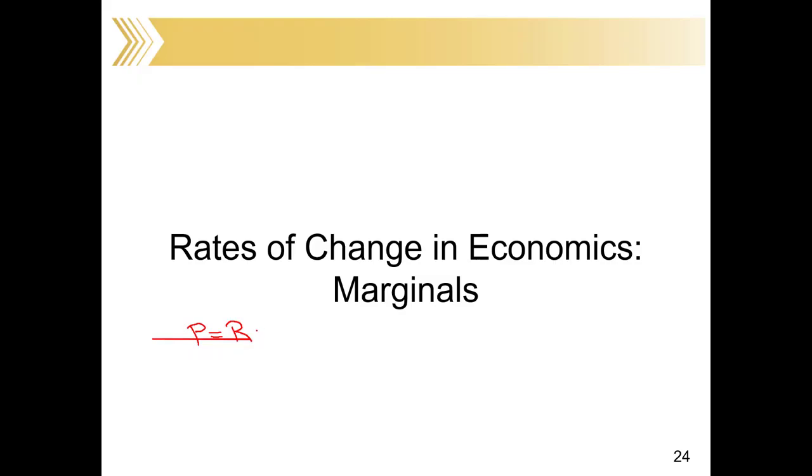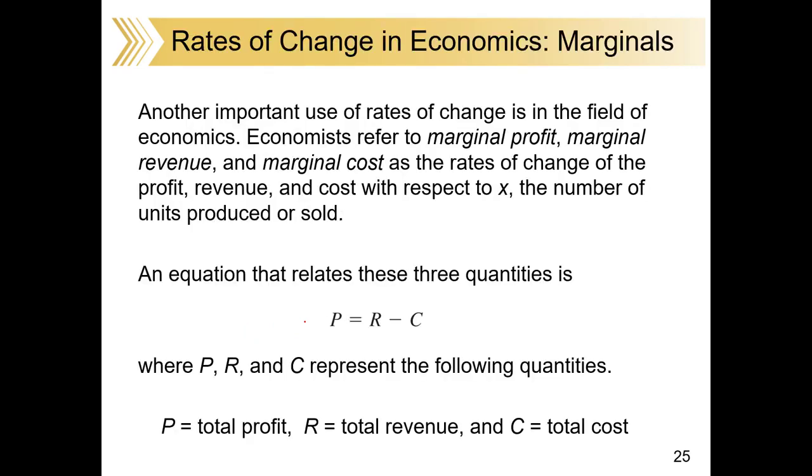How much profit do we have? It's the money coming in minus the money going out. What's left? Profit equals revenue minus cost. Keep that in mind. There's the equation that relates those three, and that's total profit, total revenue, total cost, to distinguish them from marginal.